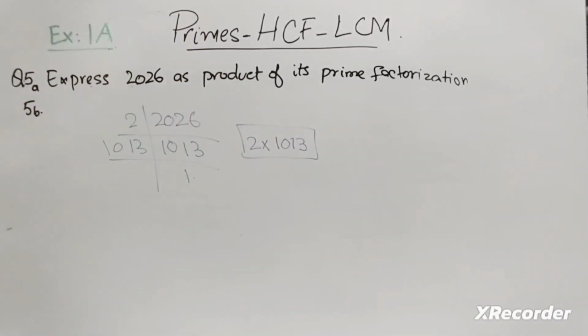Part B states that given that a and b are whole numbers such that a is less than b and a multiplied with b is 2026, write down all the possible pairs of a, b.